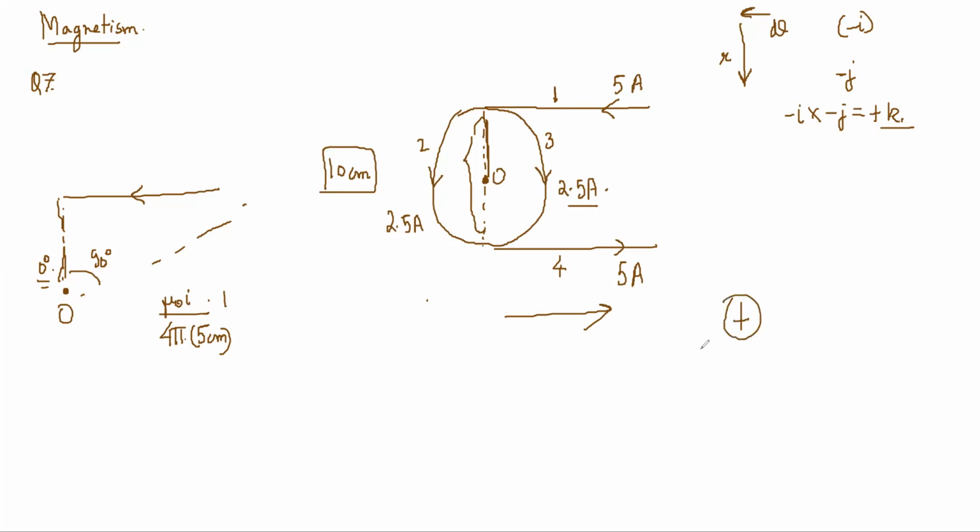This also will contribute the same amount because it is symmetric. So 2 times, and this I is 5 ampere. So it is 10 mu naught by 4 pi into 5 centimeter first, due to components 1 plus 2, 1 plus 4. And now you have to just add this one and this one.